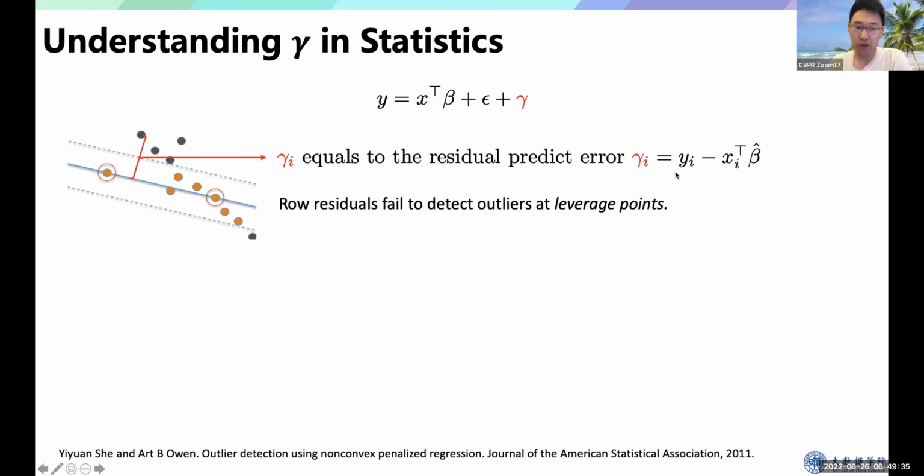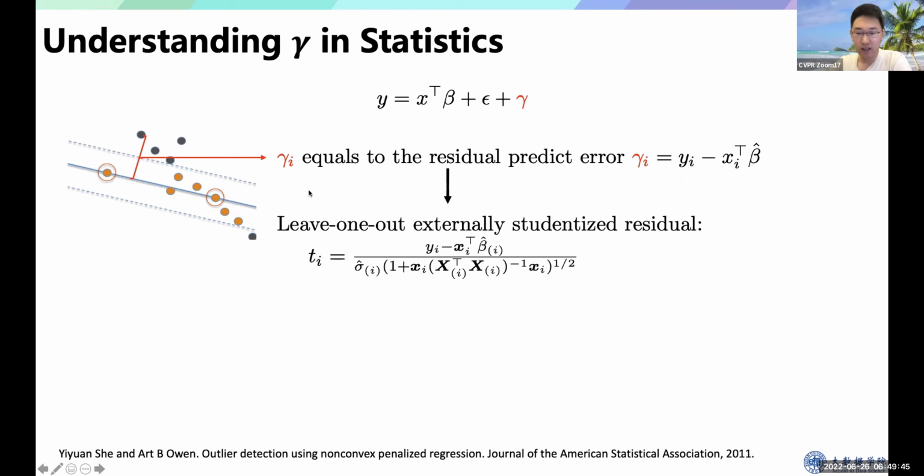However, in general, this raw residue fails to detect outliers at leverage points, as shown in the left figure. A better way is using the leave-one-out externally studentized residue to test whether the predicted residue is a large value based on the other observations. This is basically equivalent to testing whether the gamma is zero in this equation.